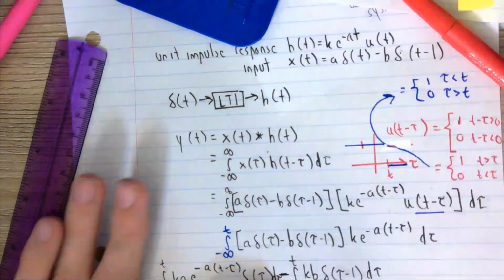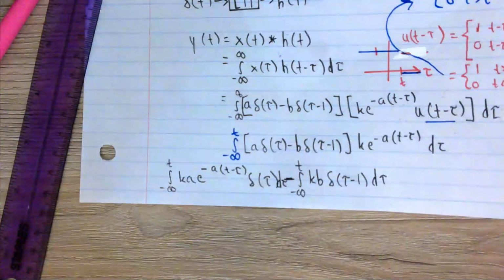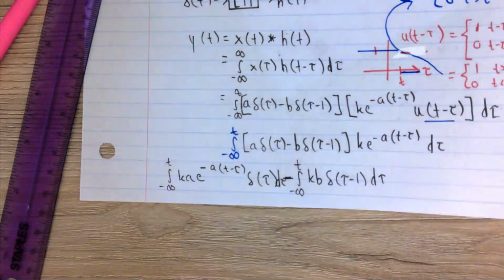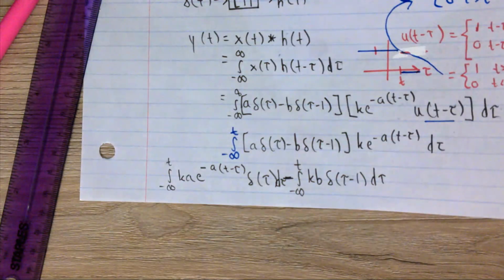And so now that we got that, what we need to do is take this integral. We need to get the constants out of it, and then take the integral of it all.